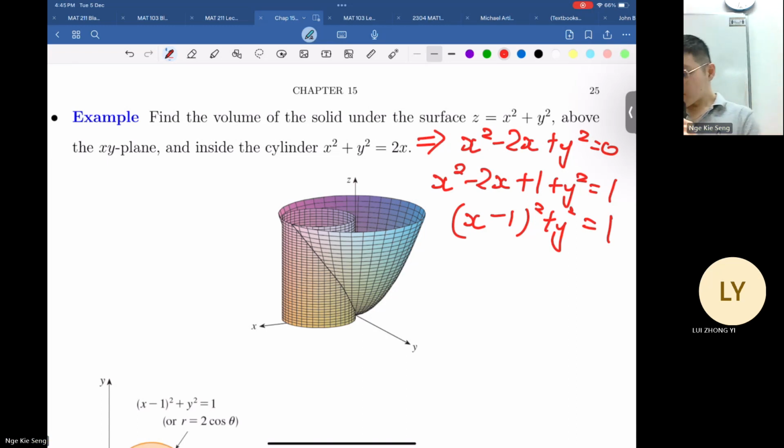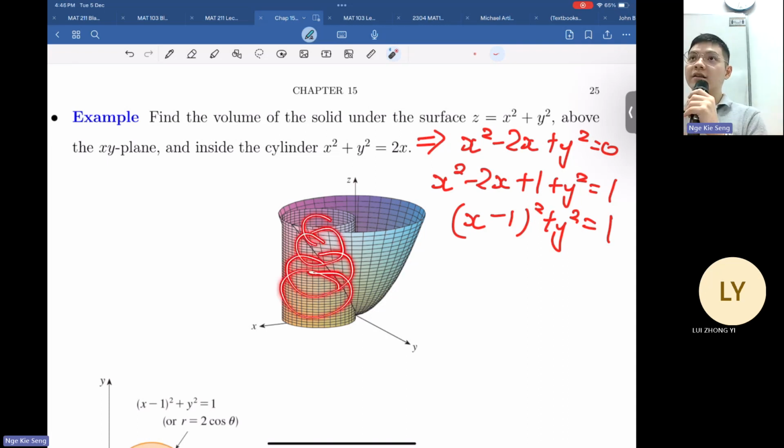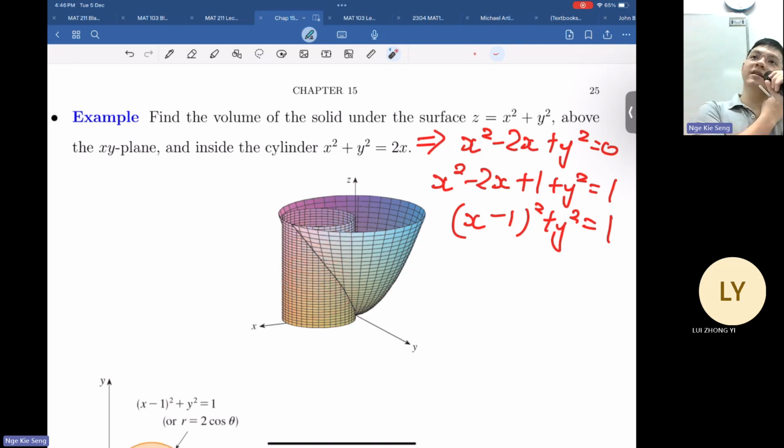But there's no z here, right? This is the circle. There's no z. How do I draw the cylinder? It means that for all z, I have this circle. I have the same circle at every z. So that's why I build the cylinder here.